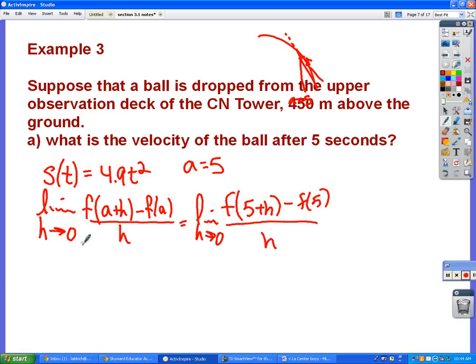Then that gives us the slope of the tangent line at that particular point. H is not the slope. H is the distance between the point we want to find it at and another point that we're going to choose.